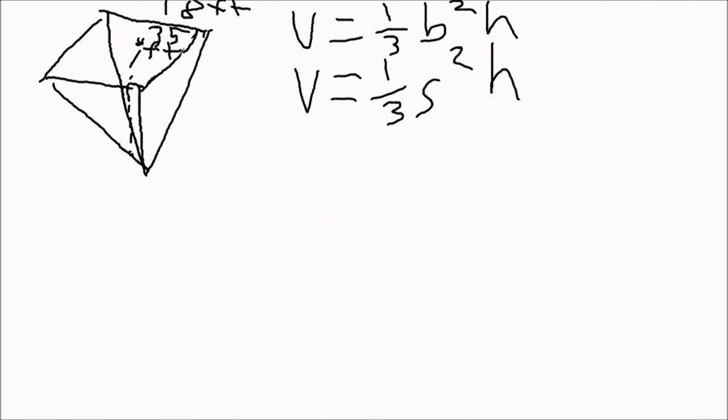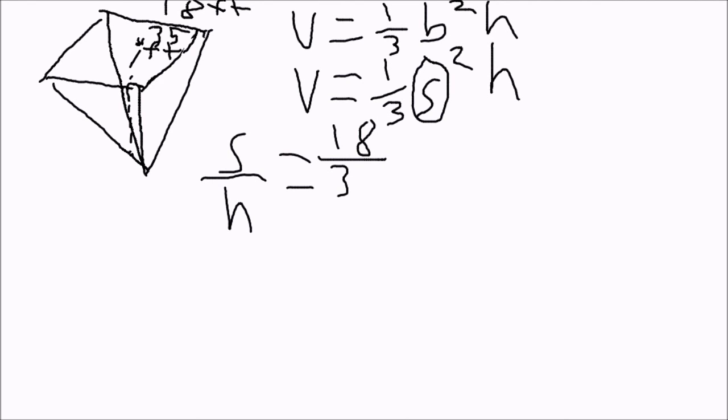Now we need to find what this s represents. In this case, we know that the side over the height is equal to 18, because our side length is 18, over the height, which is 35.